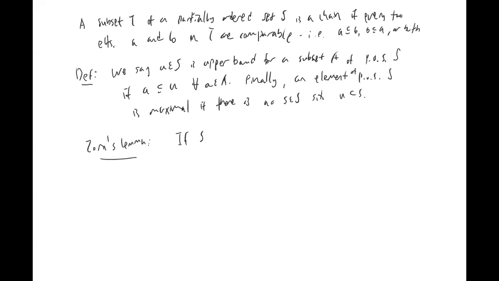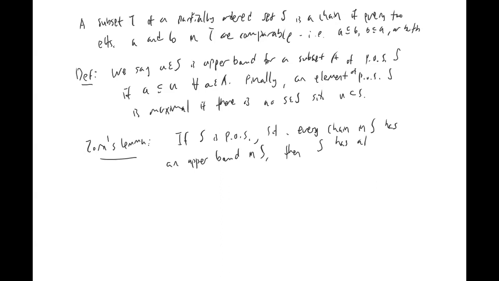If S is a partially ordered set such that every chain in S has an upper bound in S, then S has at least one maximal element. So you sort of see, maximal element.